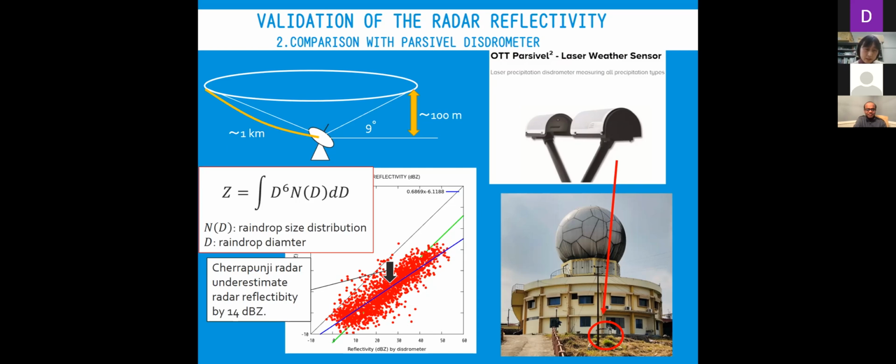But there is a dependence on the reflectivity. The disdrometer could compare over a wider range of radar reflectivity than that of the spaceborne radar. Therefore, I used the obtained regression equation, this blue line, to validate the Cherrapunji radar.